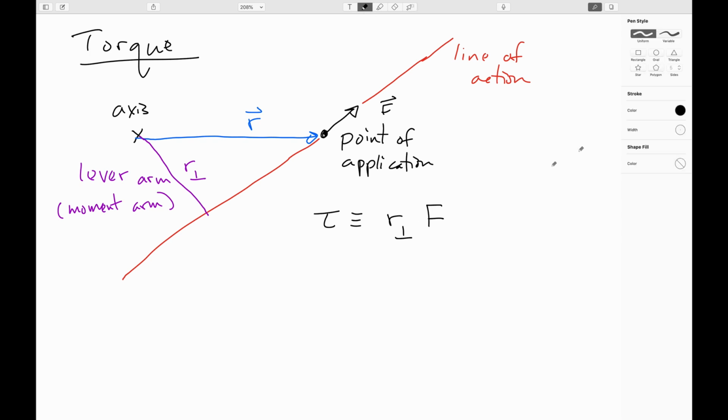Okay. Now, if we take a look at this for a moment, we realize that we can figure out our perpendicular.